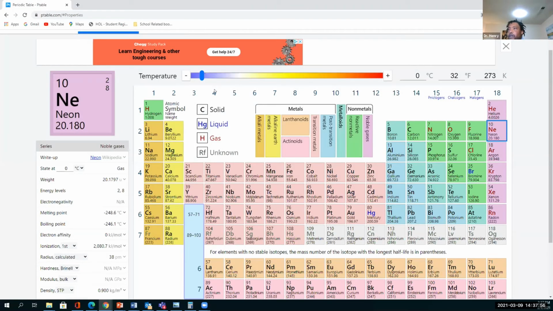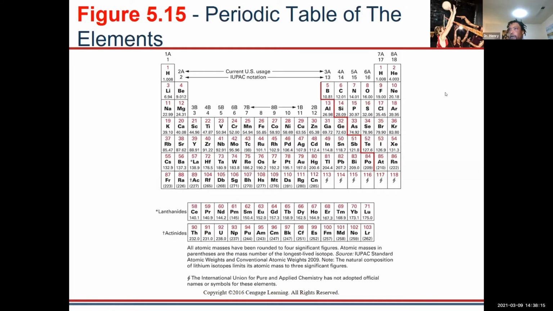As we've talked about, the numbers up top are your groups. These are called your periods. When I took chemistry, the periodic table looked like this, where we have what we call the main group, which is why you have 1A, 2A, 3A, 4A, 5A.